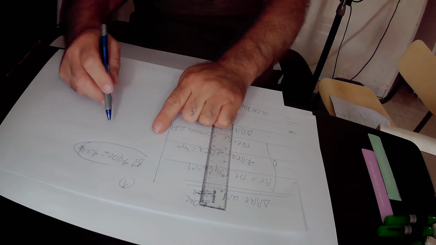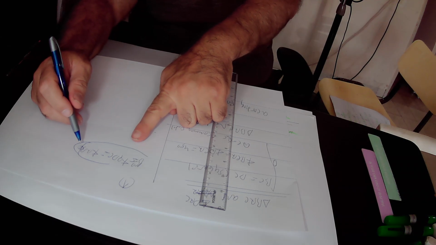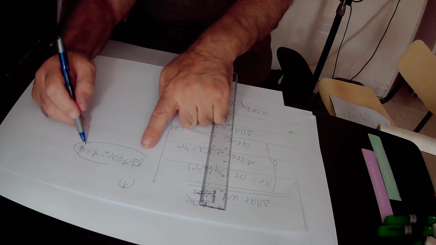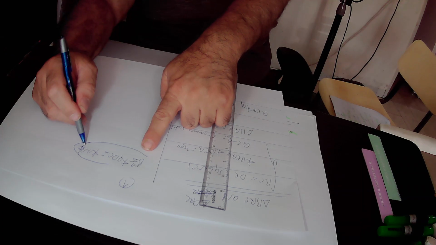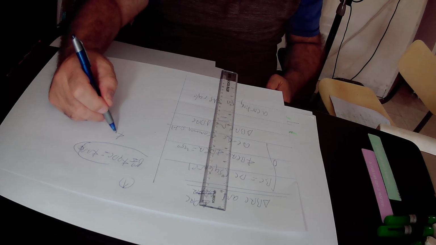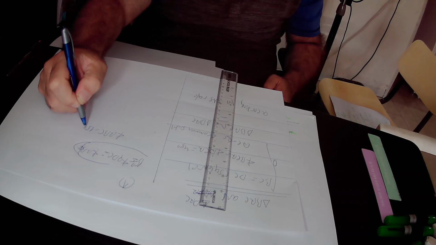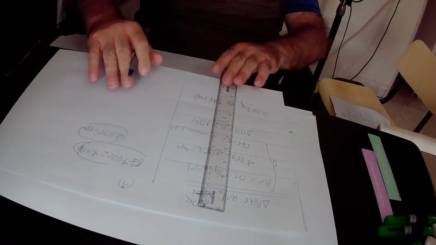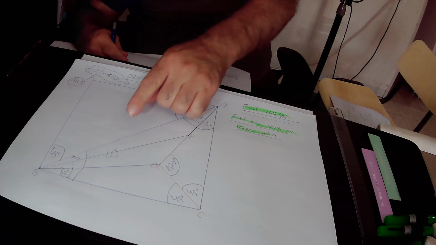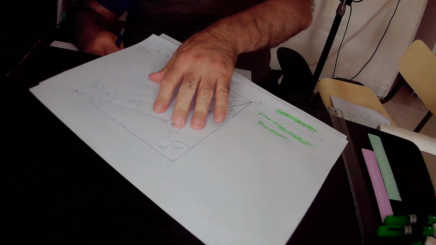And from this equation, 15 equals angle QDC equals angle QBC, we derive that angle QBC is also equal to 15 degrees in size. Those two sides of the equation are equal to each other. So angle QBC equals 15 degrees in its size. This is the missing angle QBC that is equal to 15 degrees.